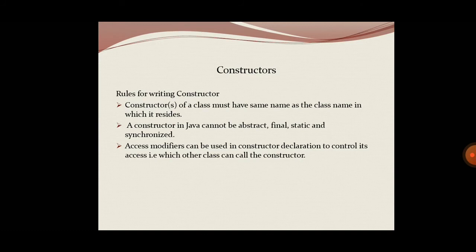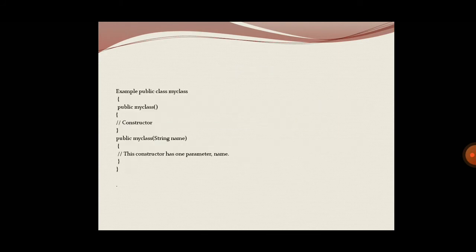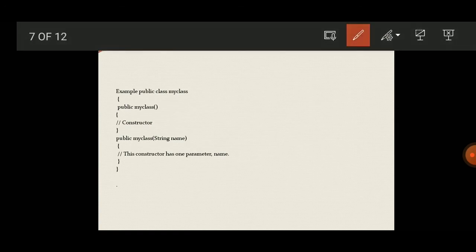An access modifier, that is public, private or protected, can be used in the declaration to control its access. So this is the example for a constructor.